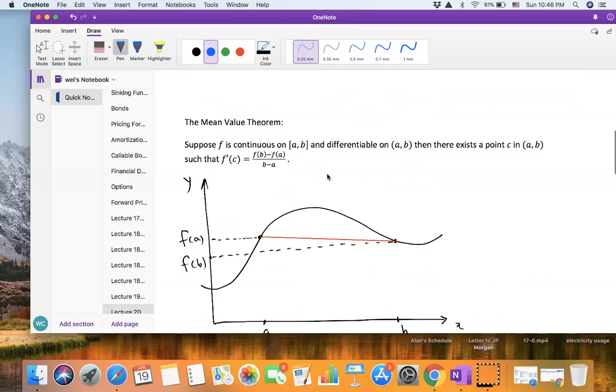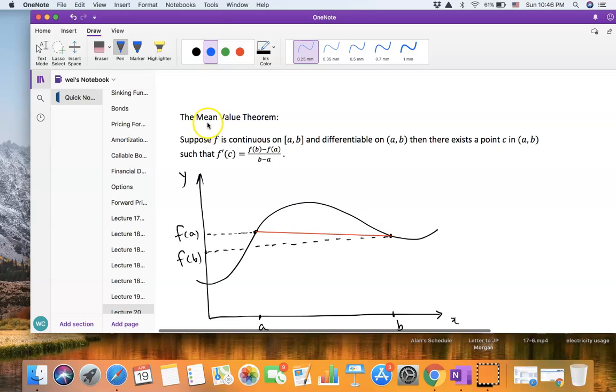All right, let's take a look at the mean value theorem. The mean value theorem says, suppose a function is continuous on a closed interval [a, b] and differentiable on the open interval (a, b). Then there exists a point c in (a, b) such that the derivative at this point, f prime of c, is equal to f of b minus f of a over b minus a.